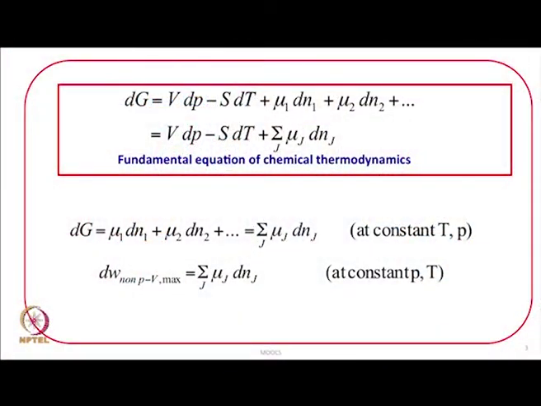So, let us take a look at the slide. At constant pressure and temperature, the maximum non-pressure volume work can be obtained from the knowledge of chemical potential and the changes in composition. What it tells is that when the composition in a system changes, that change in composition can be used to extract non-pressure volume work.